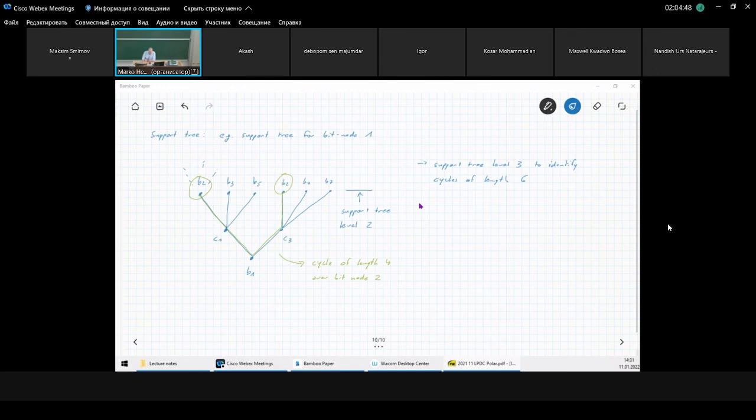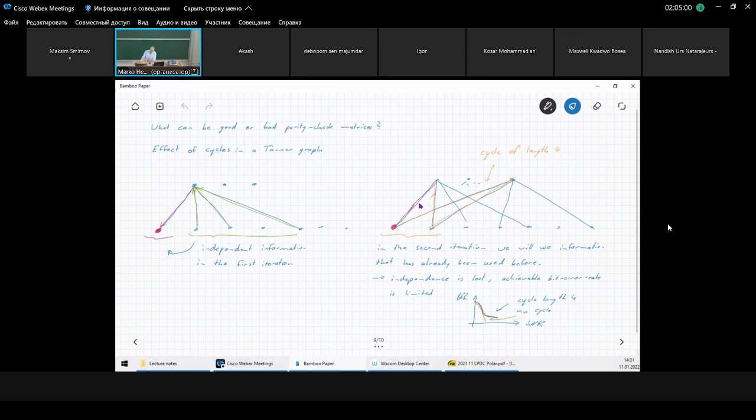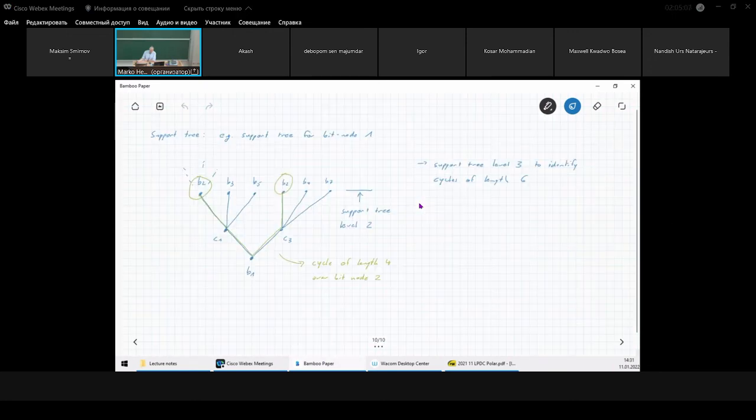So of course, we can also see how these cycles reflect in the parity check matrix, because the Tanner graph actually results from the parity check matrix, and I will see that the cycle of length 4 has a certain pattern in the parity check matrix. So in order to get a good parity check matrix, I would like to find a parity check matrix which has a Tanner graph that does not contain the cycles of length 4.